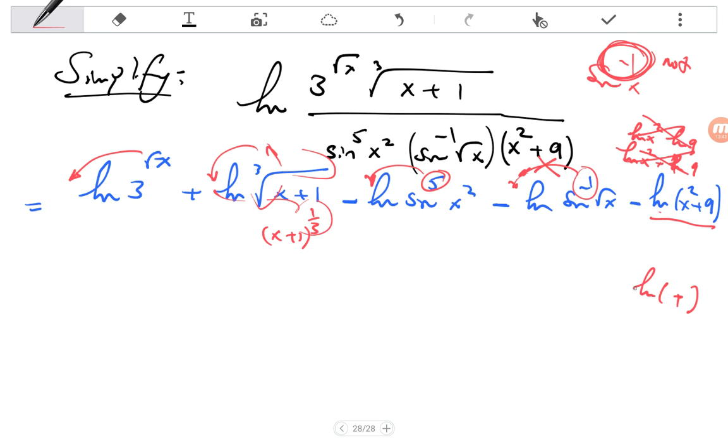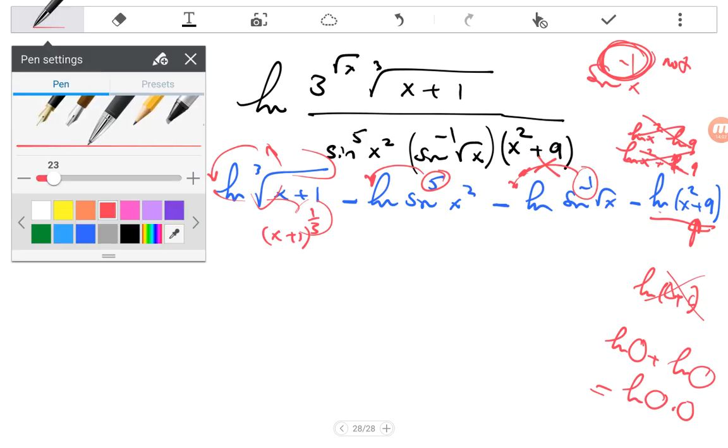Remember, there is a difference between ln of a sum and a sum of lns. If I have a sum of lns, yes, they are ln of that times that one. But ln of a sum cannot be simplified. That's why I will just leave it as it is.